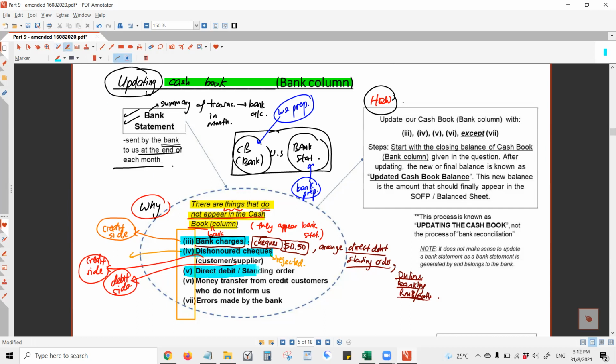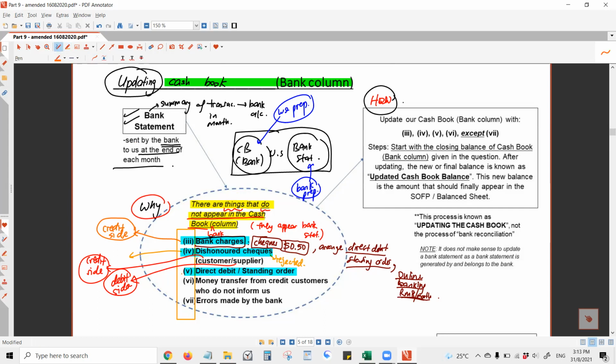Direct debit, standing order. Okay, after you have asked the bank to transfer money on behalf of you every month, generally you would forget about such arrangement, right? Okay, generally you would assume that we have forgotten about such arrangement. So when would you realize that you have made such arrangement? When you have received the bank statement.